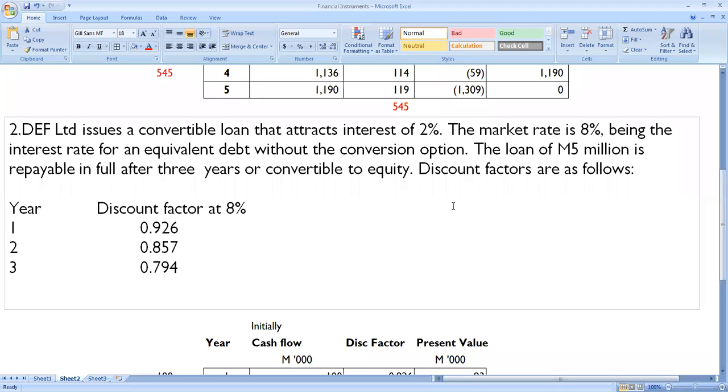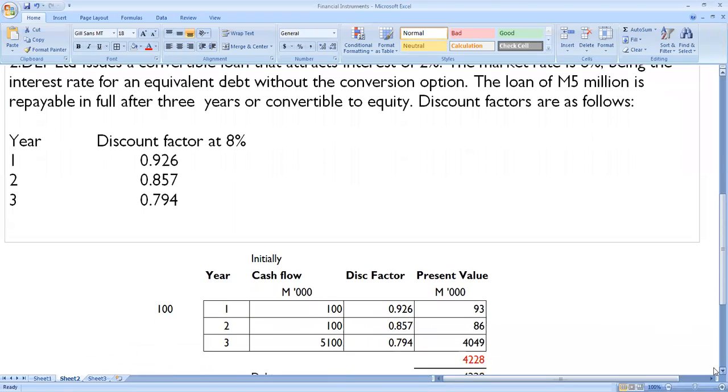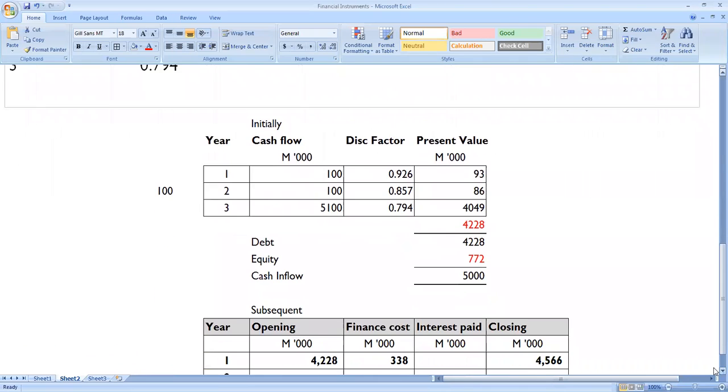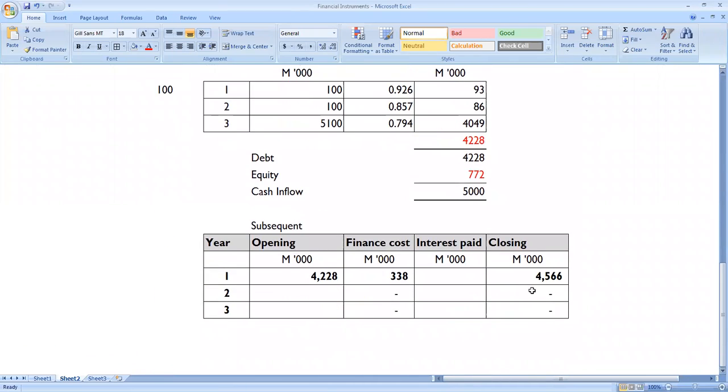Sorry for the loss of connection a bit there. We were just here. Interest paid: interest is 100. So at the end of year one, we have this closing. That is going to be the opening for year two.